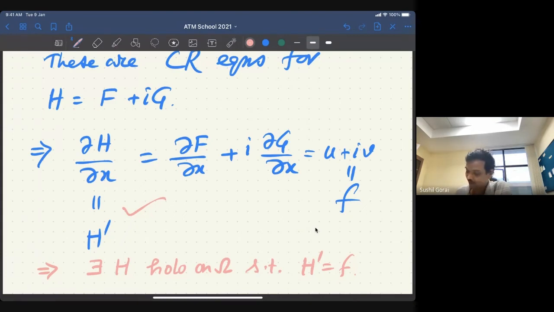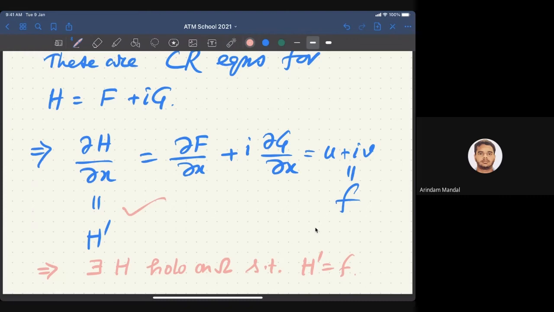So of course you don't know yet whether f is holomorphic. By the end of my lectures, you will see that the derivative will also be a holomorphic function in some way, which will be explained in the next set of lectures. So H holomorphic will give automatically H dash is holomorphic.